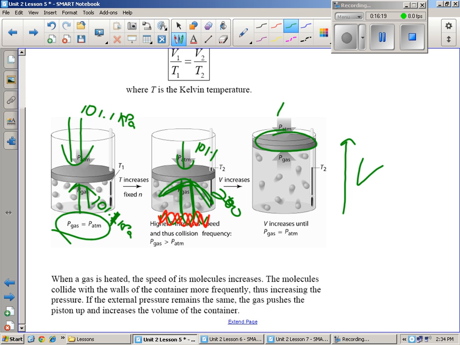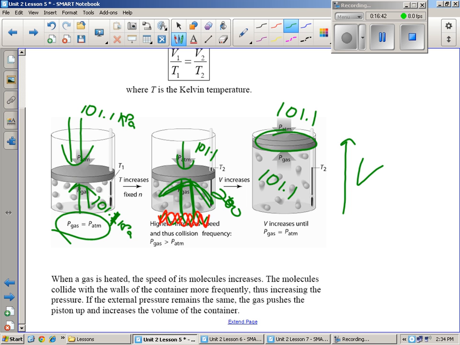If this is still 101.1 here, this has to equal 101.1. How does it do that? It expands so that those gas molecules that are going faster have less collisions, right? There's more space in between them now. They got farther to go. They're going faster still, but they got farther to go now before they run into each other, okay?